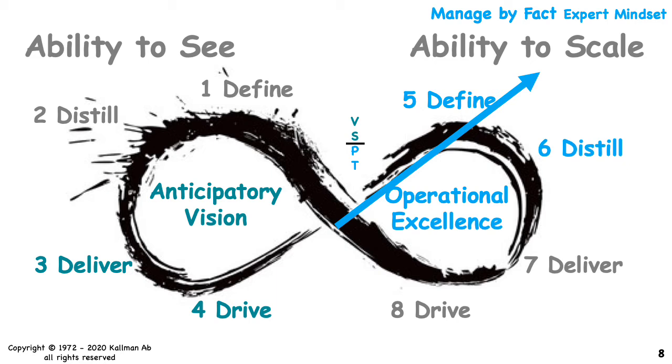Everybody does everything. But suddenly, as they scaled and went from 750 people to 3,500 people, all of a sudden a whole different pattern needed to be put in place, and they had to bring in experts to help them achieve operational excellence. But at the same time, somehow try to maintain that ability to see.